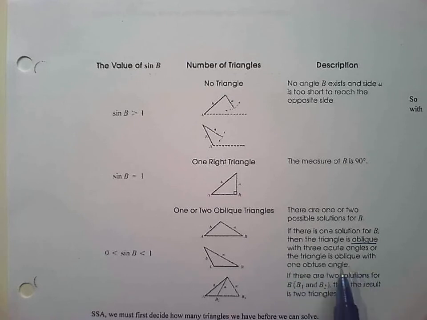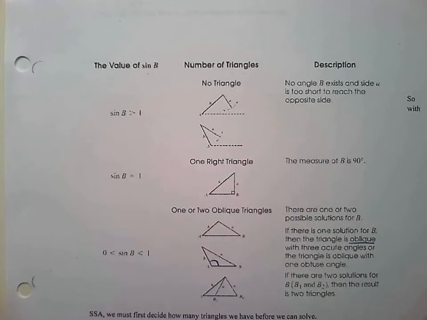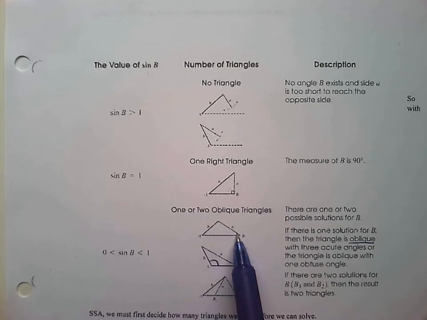Or the triangle is oblique with 1 obtuse angle. And what does it mean for an angle to be obtuse? It simply means that the angle is greater than 90 degrees. So we either have 3 acute angles, each less than 90 degrees, or we have 1 obtuse angle, greater than 90 degrees.